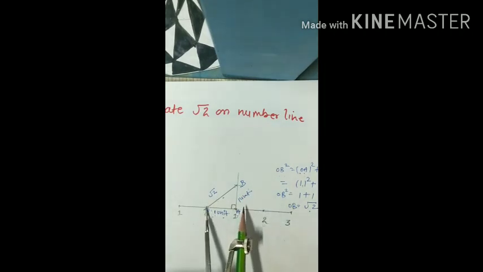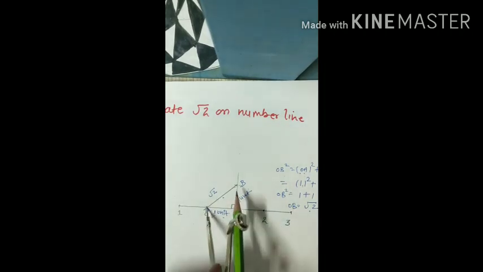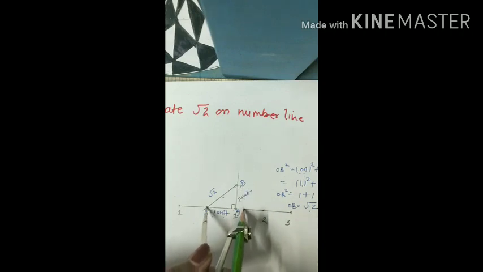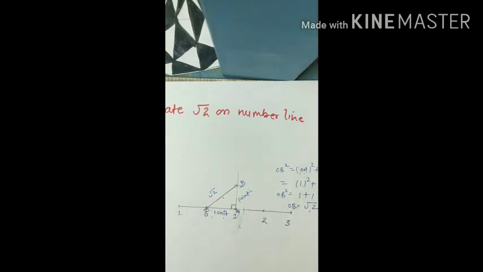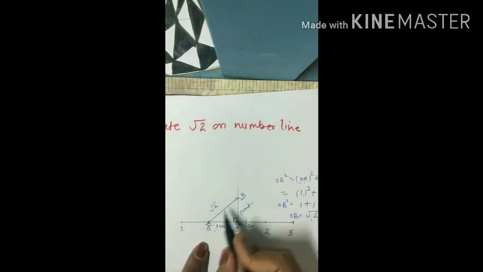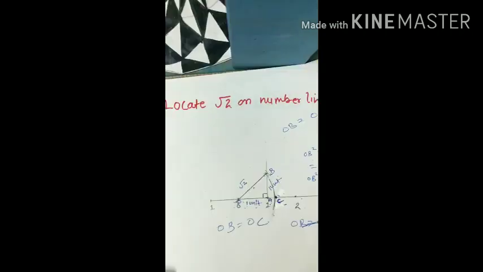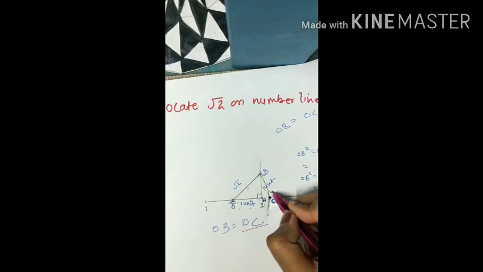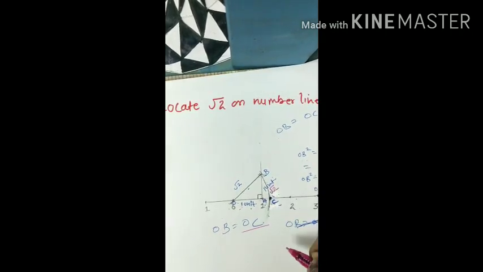Now taking O as center, draw an arc on the given line. The point wherever it is intersecting, let's consider this is C. So I can say OB is equal to OC. So point C is under root 2 on the number line.